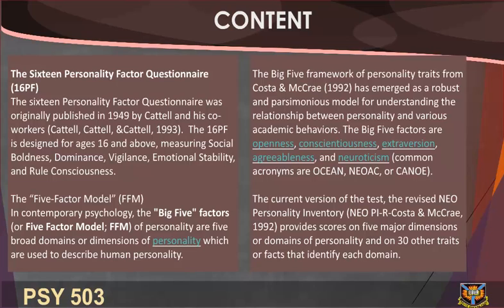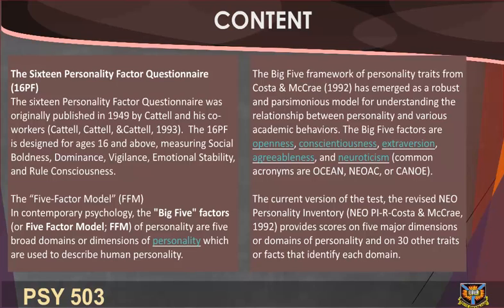The Big 5 framework of personality traits from Costa and McCrae, 1992, has emerged as a robust and parsimonious model for understanding the relationship between personality and various academic behaviors. The Big 5 factors are openness, conscientiousness, extraversion, agreeableness, and neuroticism. Common acronyms are OCEAN, NEOAC, or CANOE.